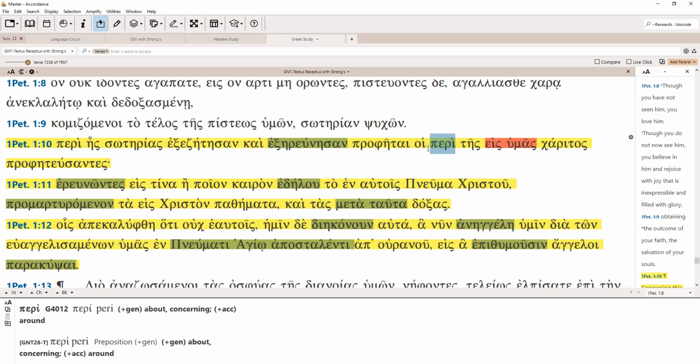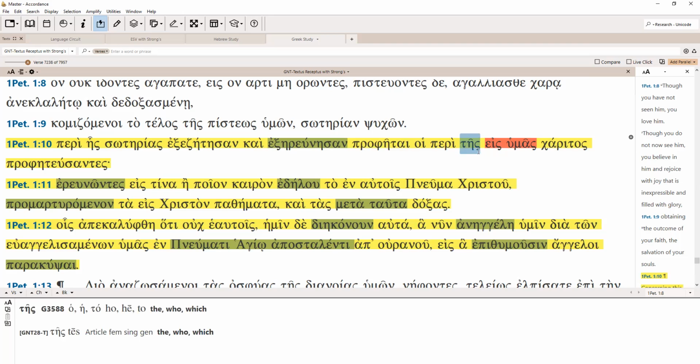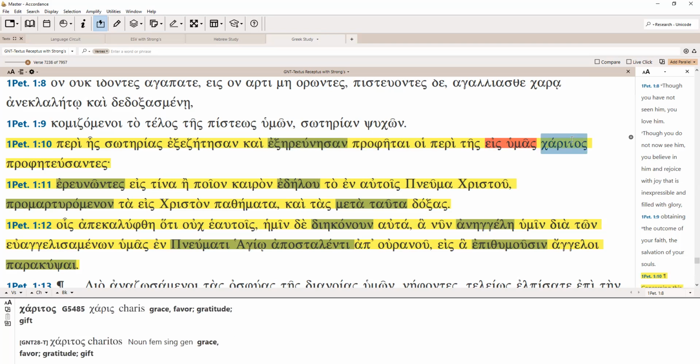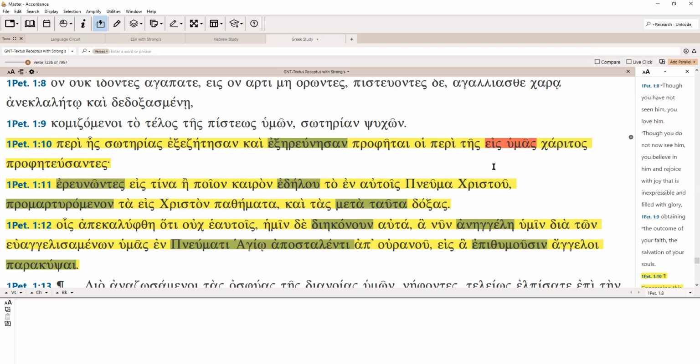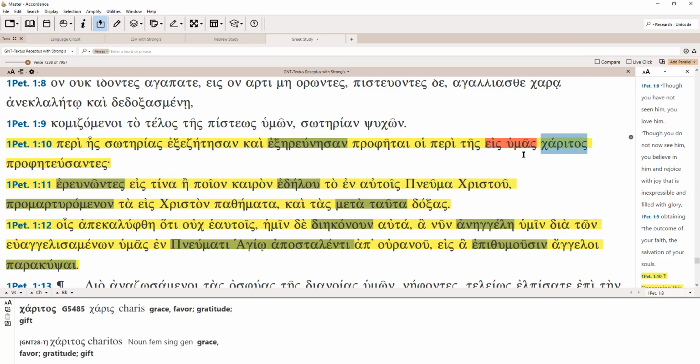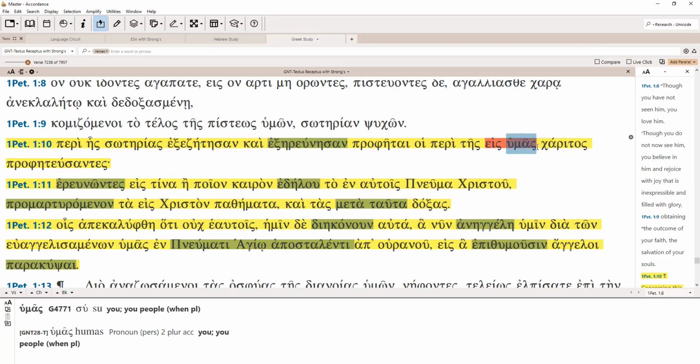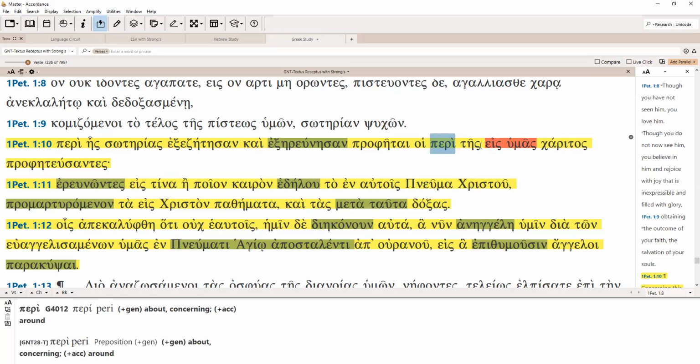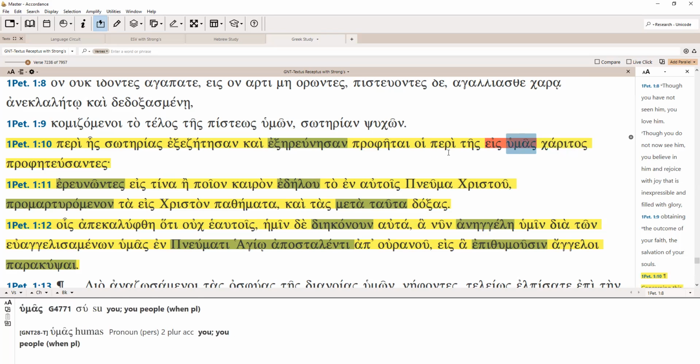The prophets who, peri tes charitos. So we're jumping to charitos, which means grace. So about which grace, and here we see Peter modifying this grace, the grace which is unto you. Okay, so about this grace which is unto you, propheteusantes.